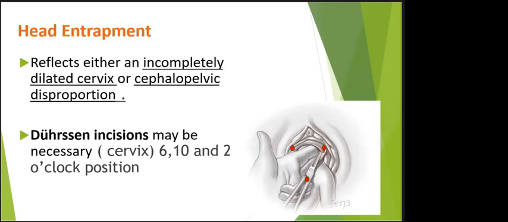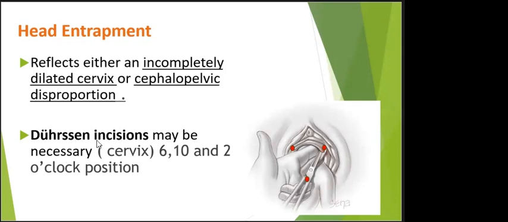Or maybe there is a cephalopelvic disproportion. That's why you do not really risk a primi with a breech, because you haven't tested the pelvis yet. You might be able to deliver the body, but you will not be able to deliver the head. What if the cervix was not really fully dilated and the head was entrapped?